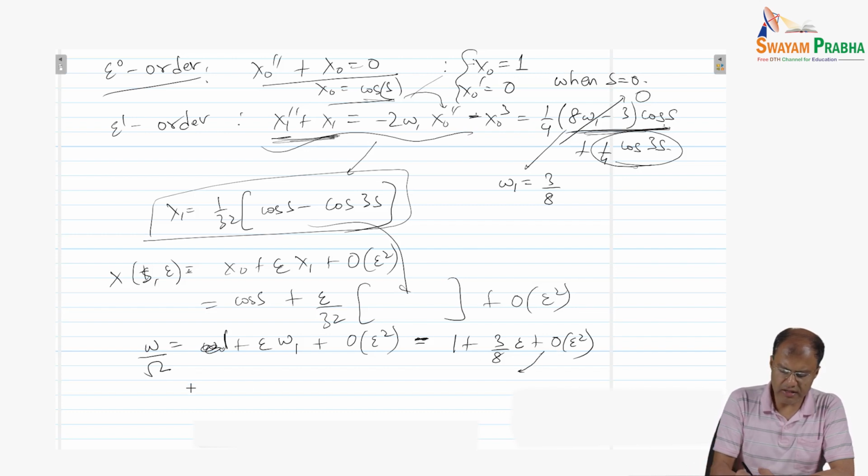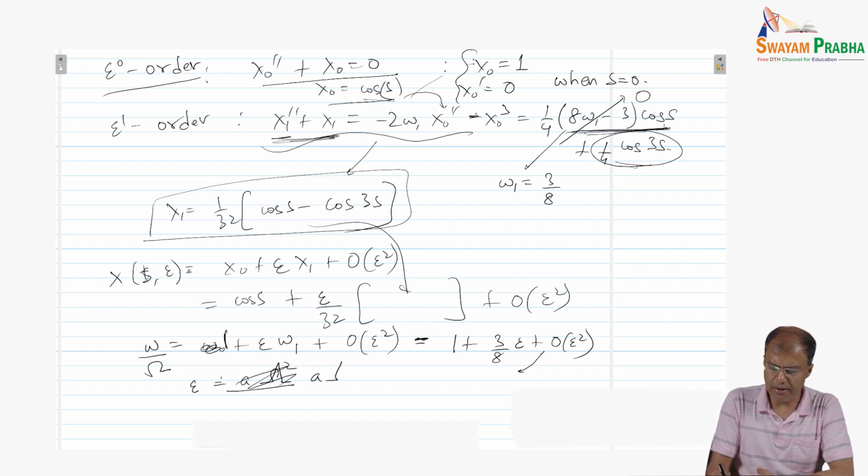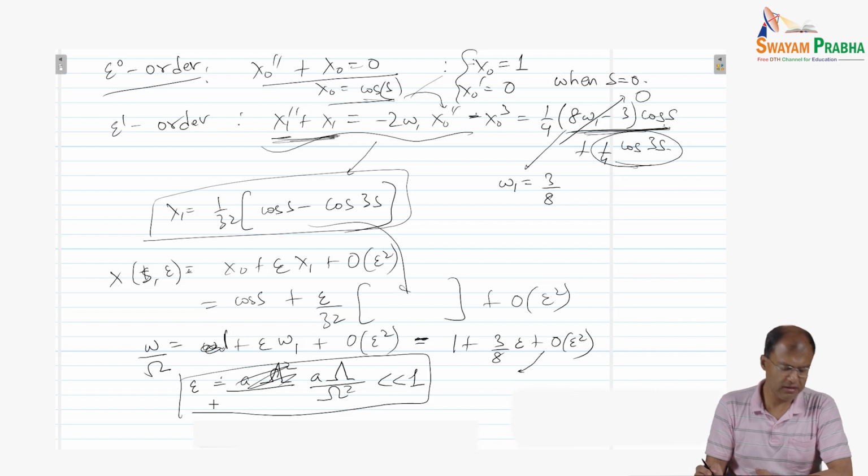And from here I can see that epsilon is lambda by omega squared, which is much less than 1. This is a small parameter that we have worked with, right?